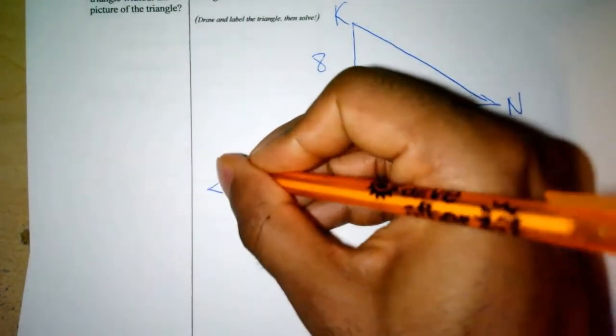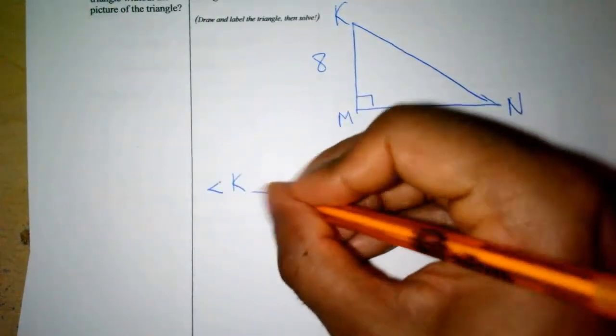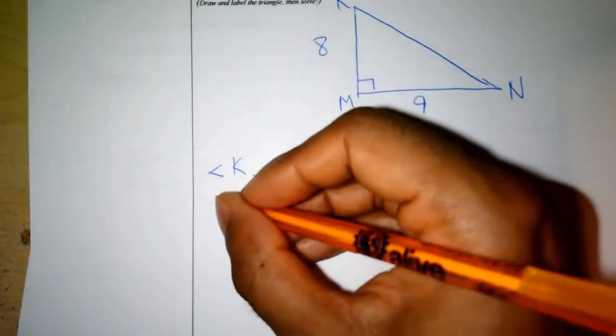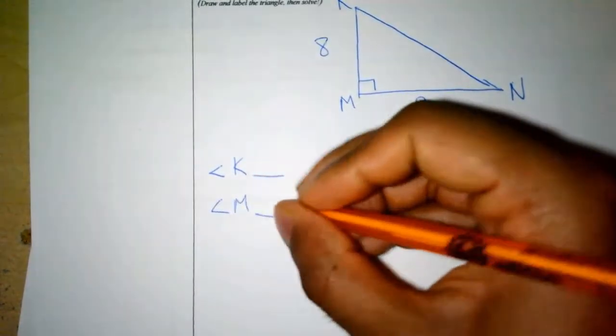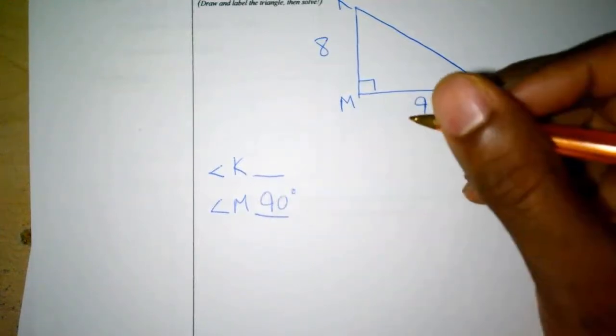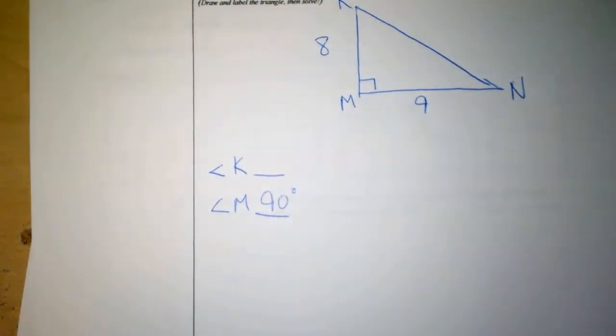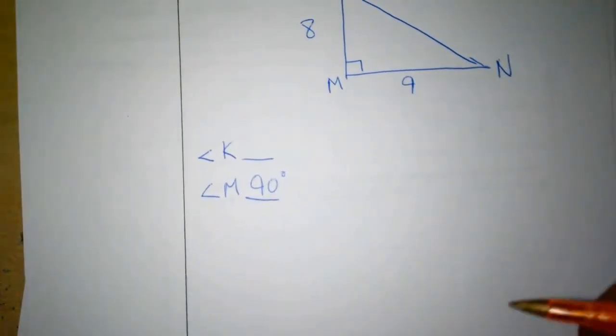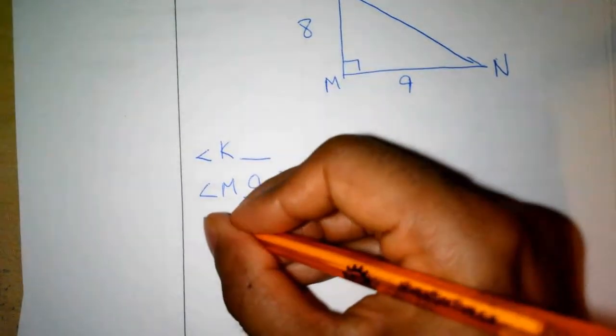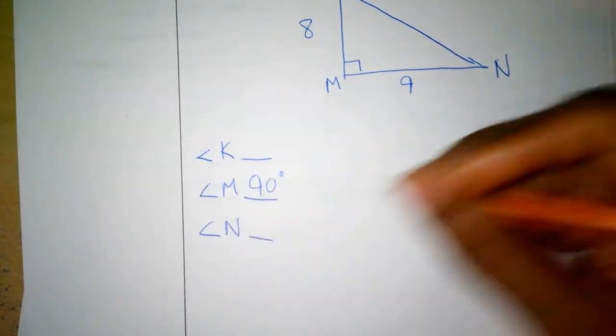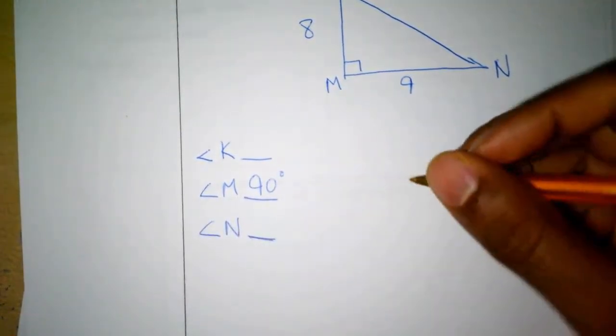So angle K, we don't have. And angle M, we have is 90 degrees. Angle N, we don't have either, so I'll leave it blank.